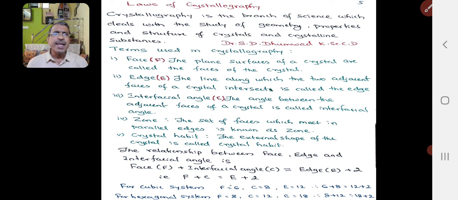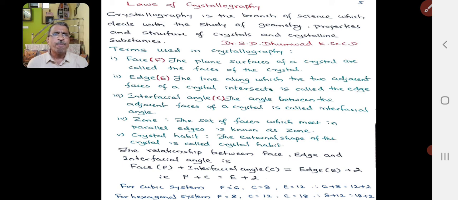Face is the plane surface of a crystal; these are called the faces of the crystal. The edge is a line along which two adjacent faces of a crystal intersect. Interfacial angle is the angle between the adjacent faces of a crystal.